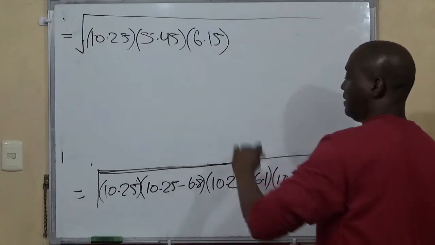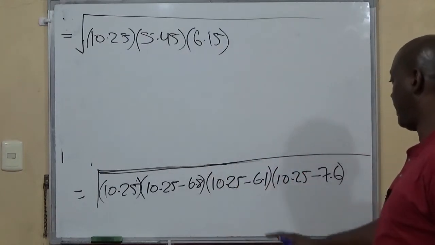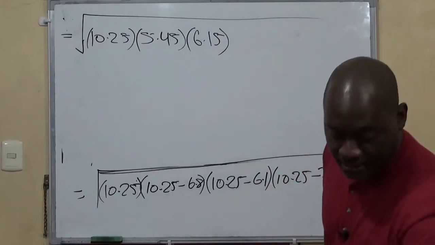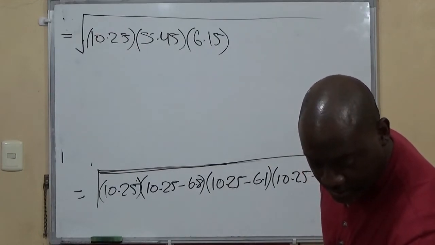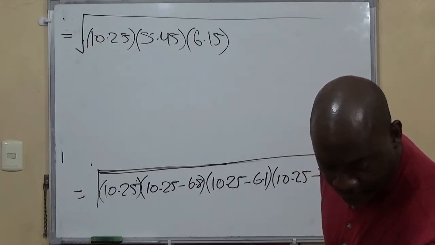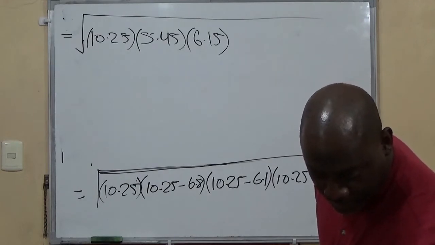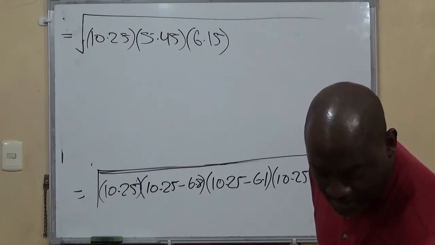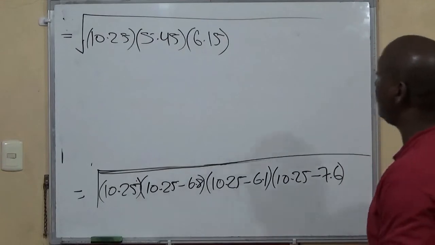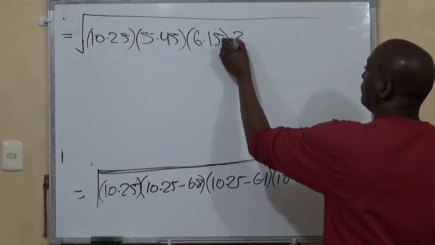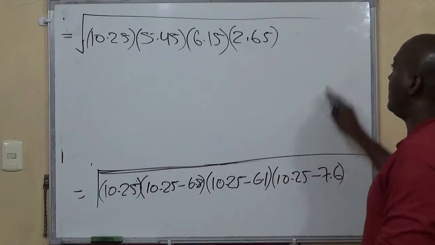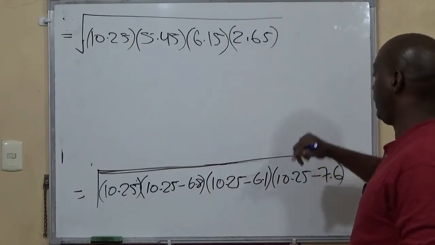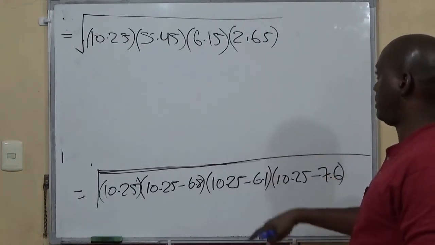When you get something that you could subtract in your head, you do that. This one you need a calculator for. 10.25 minus 7.6 is 2.65, and that's the area there.